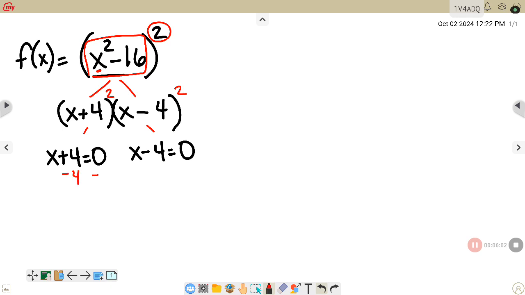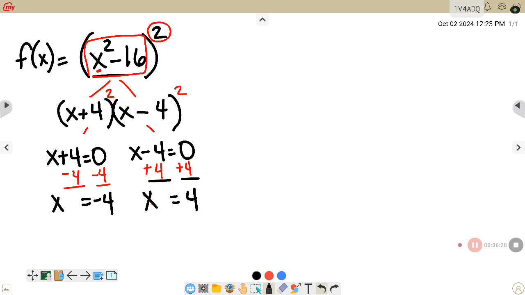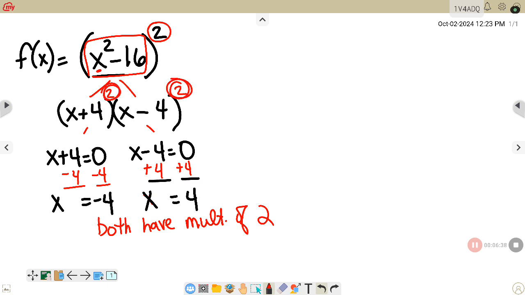So here I'll subtract the 4 from both sides to get x equals -4, and here I'll add the 4 to both sides on this one to get x equals +4. So the zeros are -4 and +4, and they both have multiplicity of 2 because they both had 2 as their exponents.